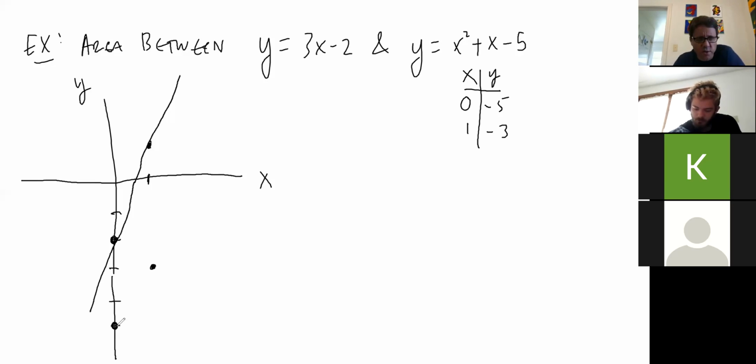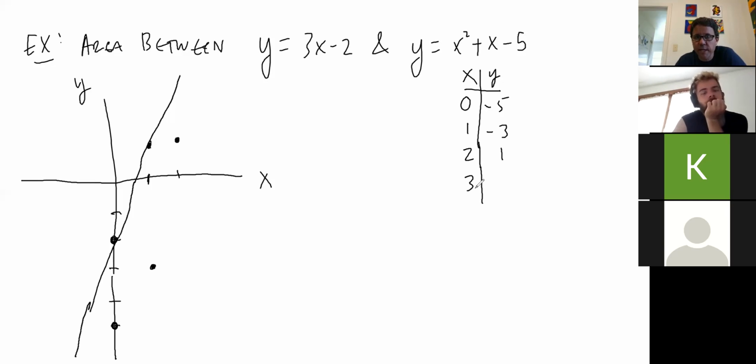I don't necessarily know that this is the bottom of the parabola, so I'm going to plot a few more points. If I stick in 2, I get 2 squared, which is 4, plus 2, that's 6, minus 5, I get 1, right there. And hopefully this is going to work.